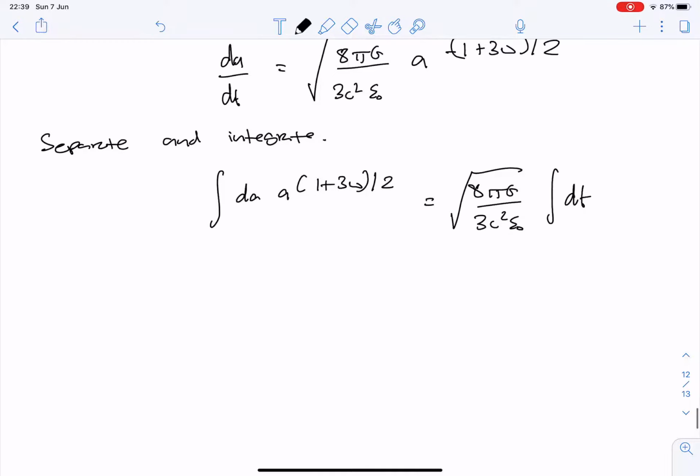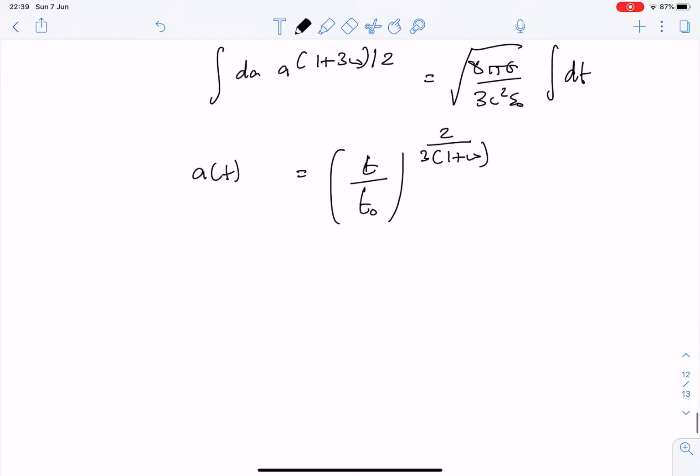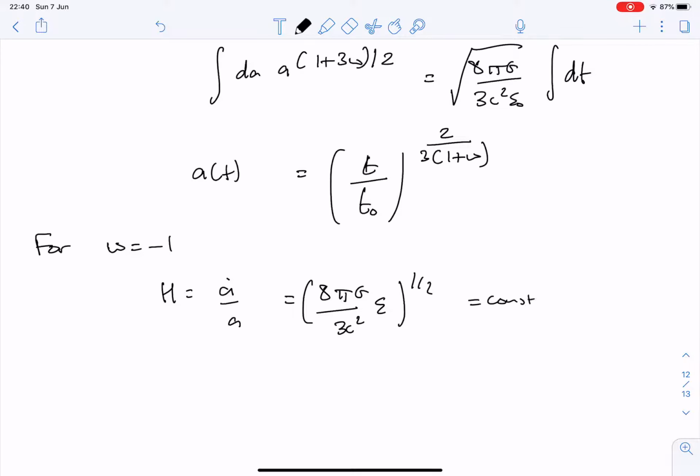And that just gives you a(t) = (t/t₀)^(2/(3(1+w))). And then for w equals −1, we get H = ȧ/a = (8πGε/3c²)^(1/2), which equals a constant.